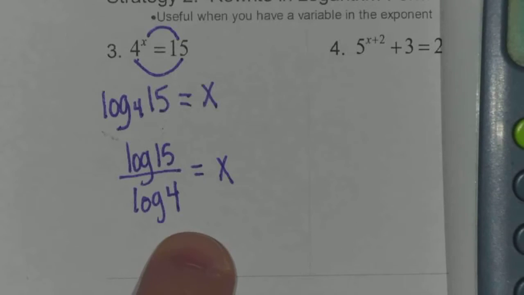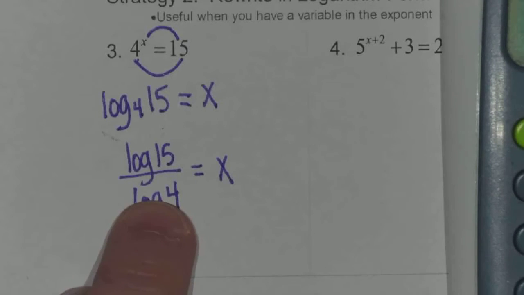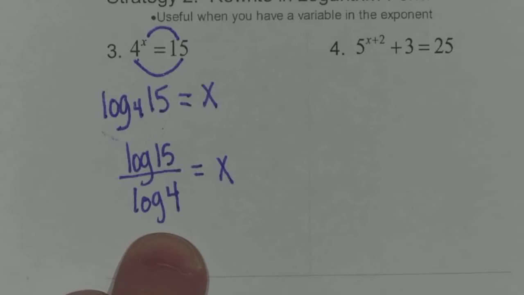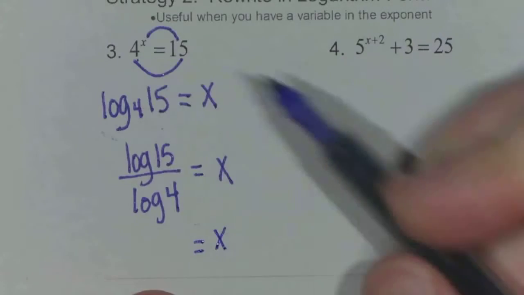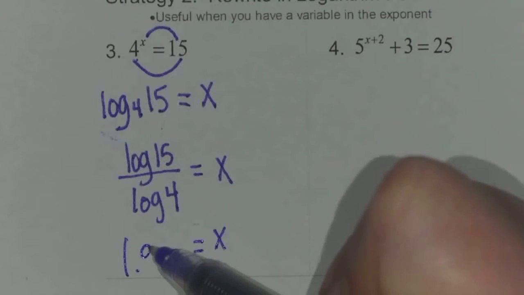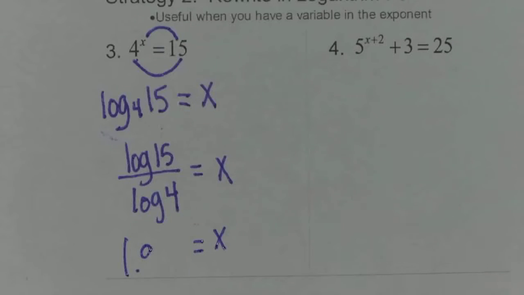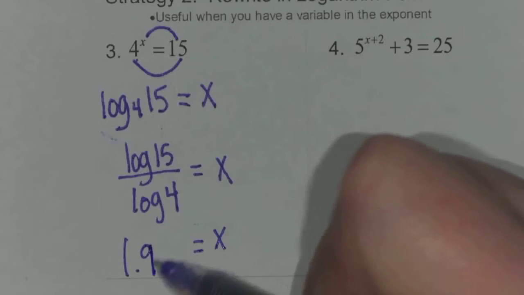Anybody got that for me yet? Round it to 2 decimal points for me, would you? X equals what? I got 1.95.